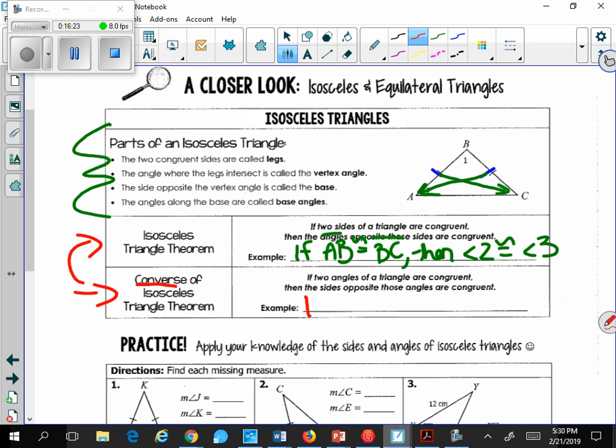So going backwards, if angle 2 is congruent to angle 3, then AB is congruent to BC. Again, these are not all that different, and I'm not going to make you memorize what each of those mean. All I care about is that you know that those two base angles of an isosceles triangle are equal to each other, and the sides across from them are equal to each other as well.